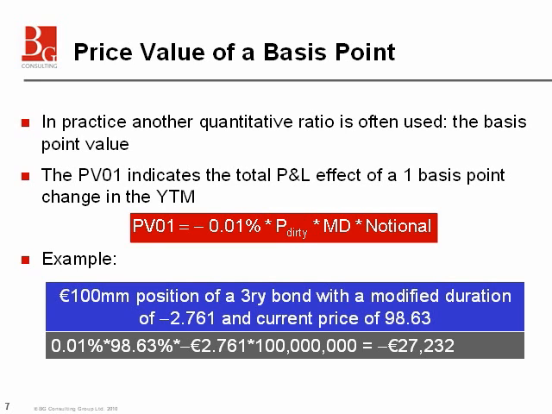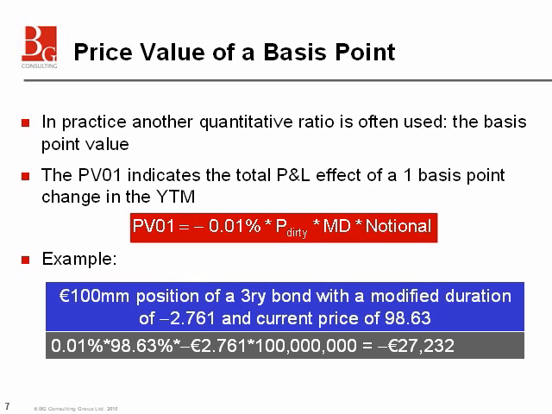You own a 3-year bond with a face value of 100 million euros that currently trades at a price of 98.63, with a modified duration of 2.761. How much will you lose if yields rise by 1 basis point?